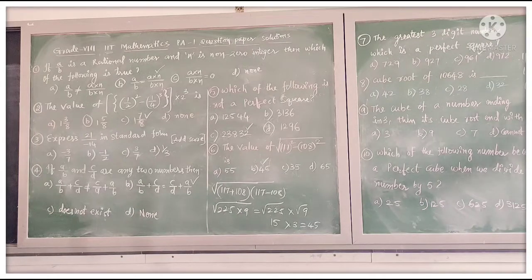Next the 2 table: 2 2s are 4. For every 3 numbers we can take a group, and from each group we can select one number. So that is 11 into 2, which is equal to 22. So the cube root of 10,648 is 22.